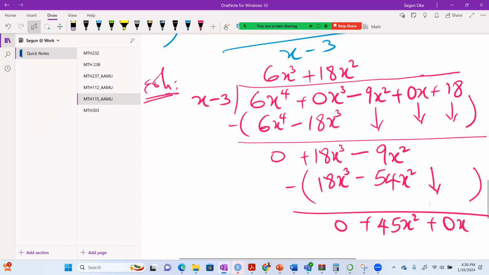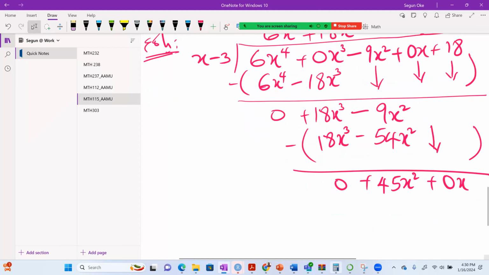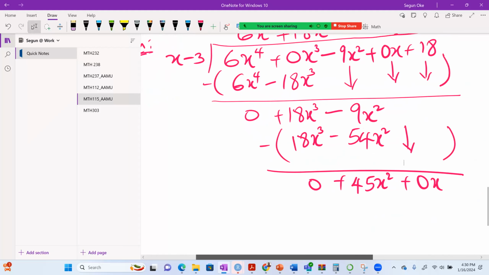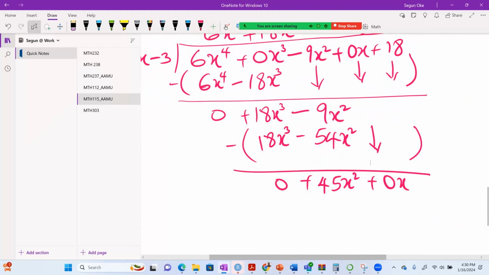So what do we have in this case? So from here, our x in 45x squared, what do we have?